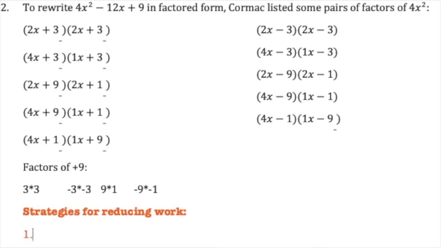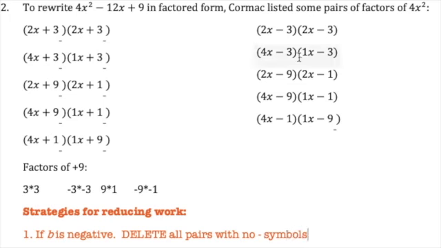So the first strategy is, if B is negative, delete all pairs with no minus signs.